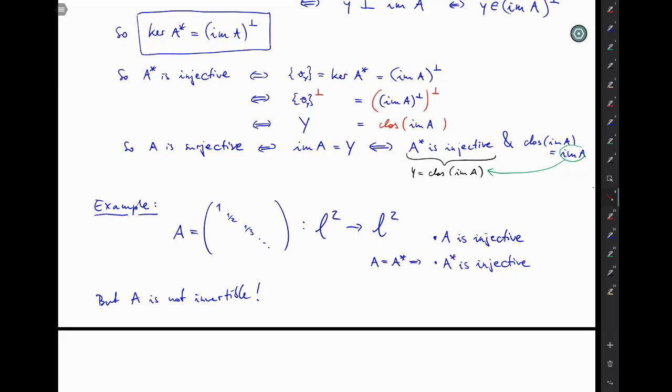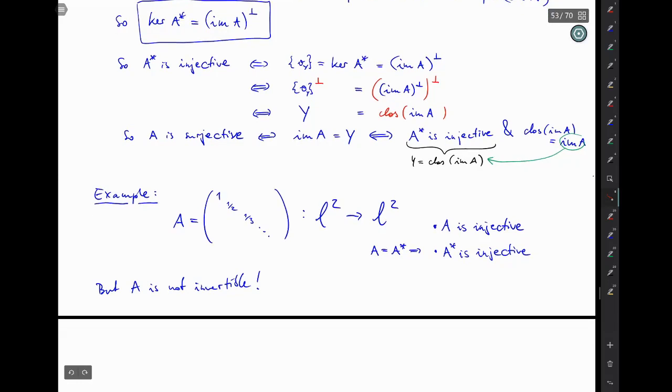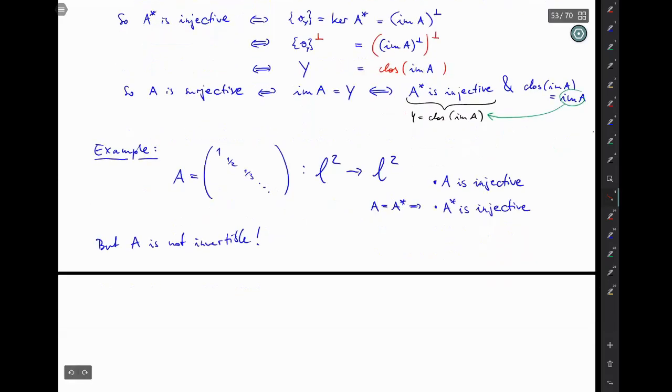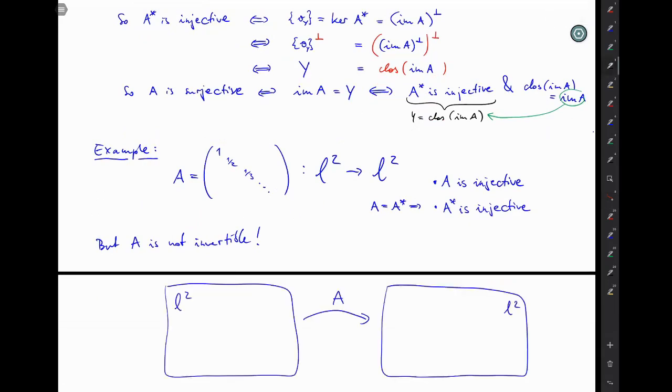That gives us a somehow uneasy feeling about this, but in fact we can check directly that A is not surjective. And to do so, let's look at the element 1, a half, a third, and so on over here, which is clearly in L2 because you can add up the squares of these entries and get something finite.